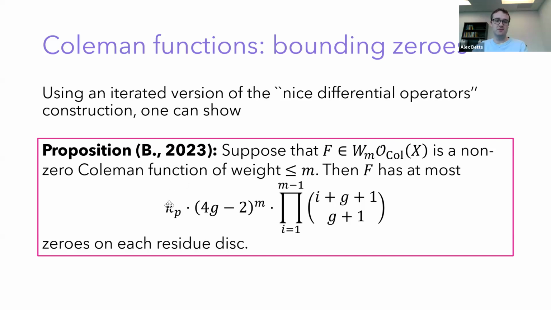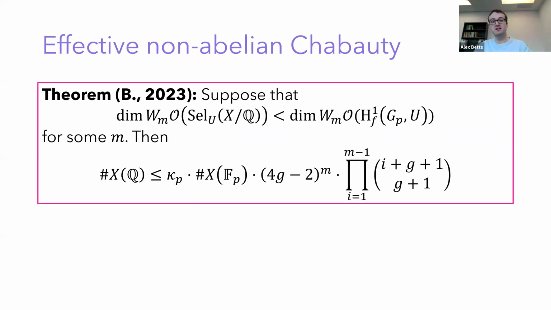When you combine all of these ideas, you end up showing the following theorem. Suppose that the dimension of the mth weight filtered piece of the affine ring of the global Selmer scheme is strictly less than the dimension of the mth weight filtered piece of the affine ring of the local Selmer scheme.